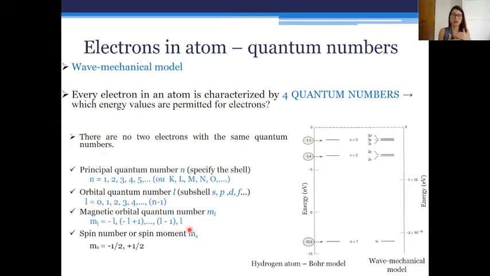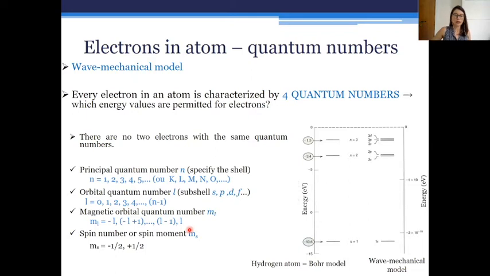So depending on the orbital quantum number, we will know the magnetic orbital quantum number that can describe our electron. So what is the meaning of this magnetic orbital quantum number? In fact, it indicates the orbital orientation.